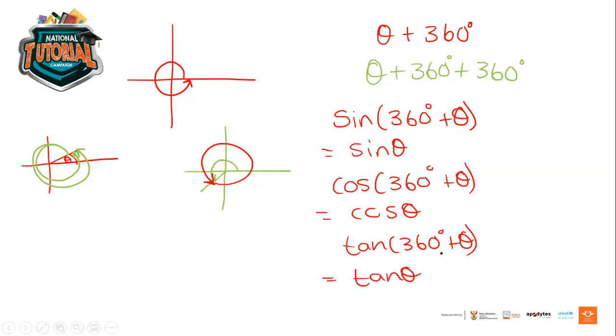So it just brings it back right where we started and nothing changes. It works for any multiples of 360 as well. So this example here, I talked about 720. You could have had 3 times 360, so 1080 would work exactly the same because it just brings us back right to where we started.